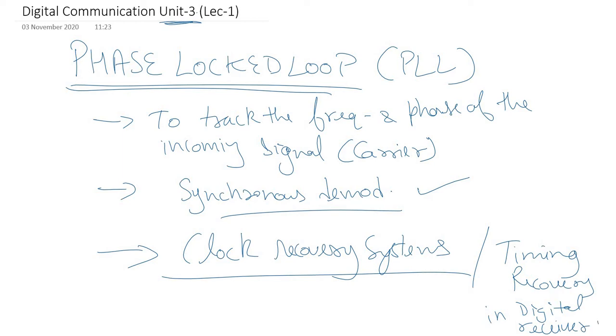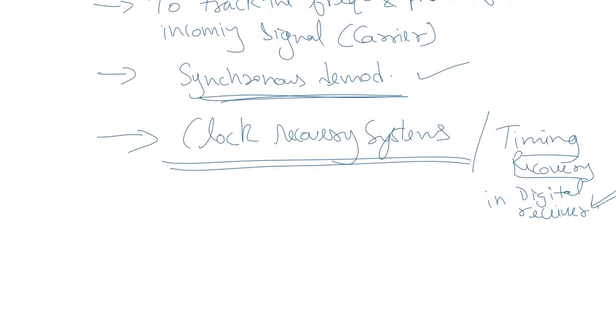So we can say that this PLL circuit plays a very important role in analog as well as digital communication. It is helpful for synchronous type of detection in analog communication systems, and it is helpful for making a clock recovery system or timing recovery system in the digital receiver. So it plays a very critical role in both modern digital as well as analog communication systems.